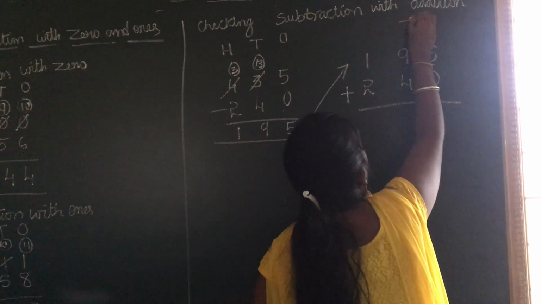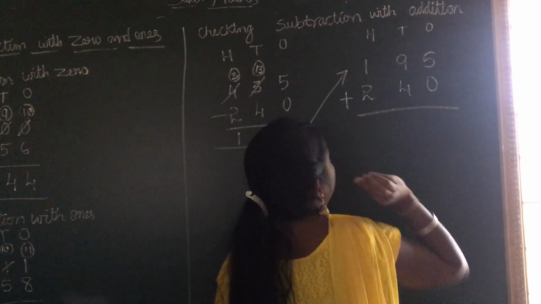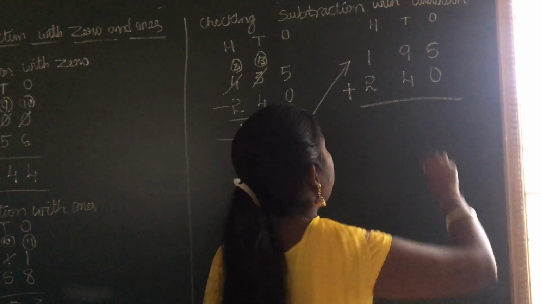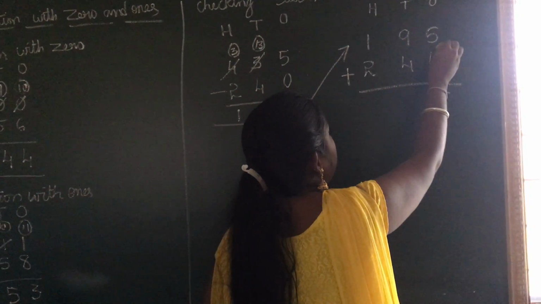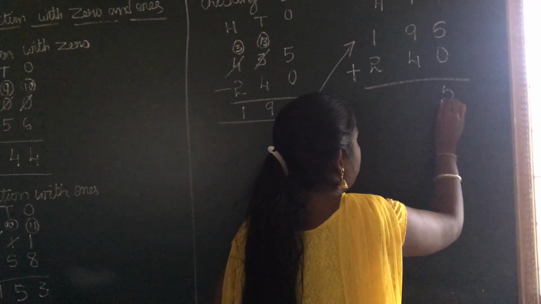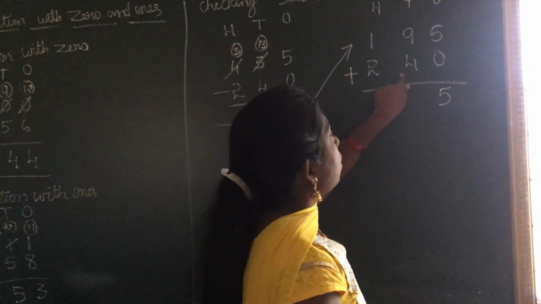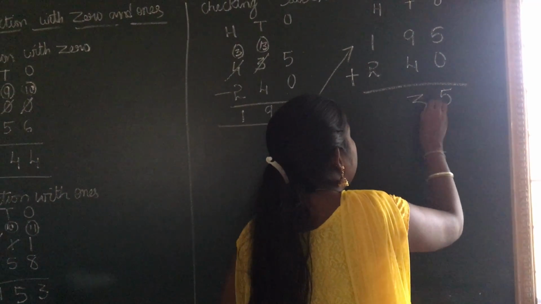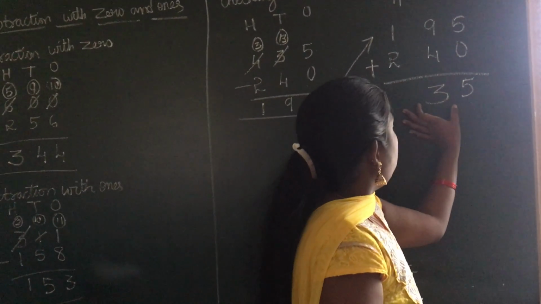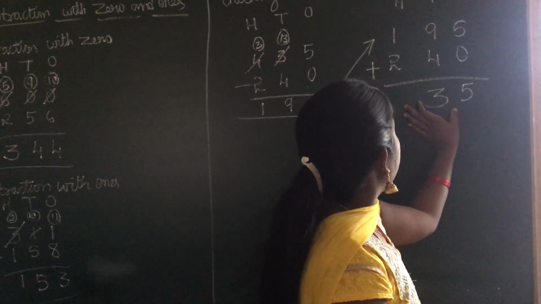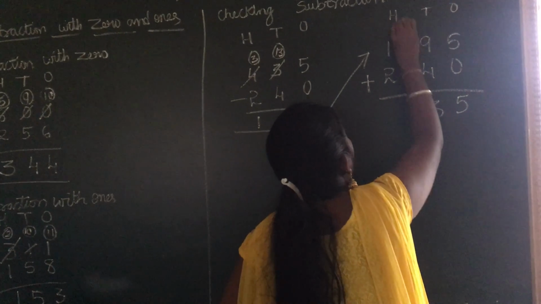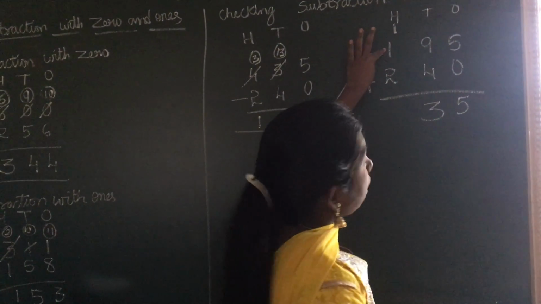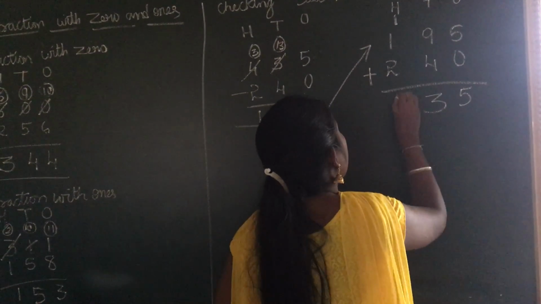So ones column, tens column and hundreds column. Now add these numbers. 5 plus 0 is 5. 9 plus 4 is how much? 13. So 13 tens, 3 in the tens place and 1 to the hundreds place. 1 plus 1 is 2, 2 plus 2 is 4.